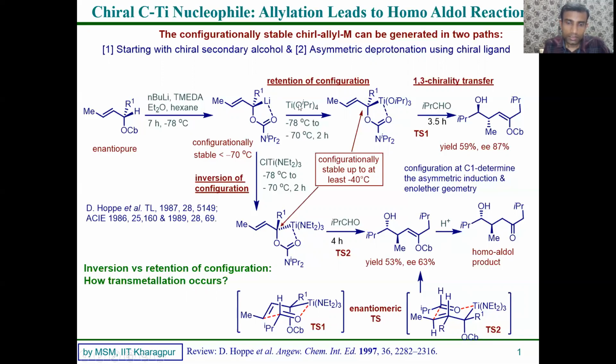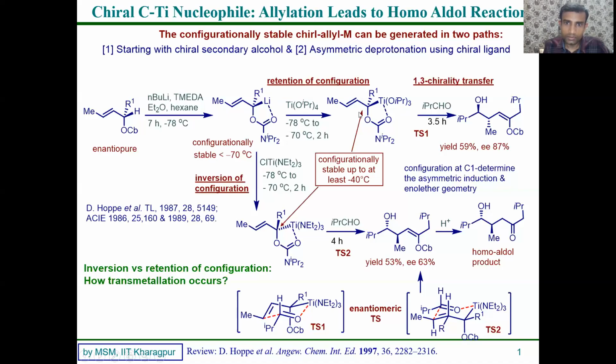First, as I discussed earlier, we can do the transmetallation. Actually titanium tetraisopropoxide is an electrophile here, so it will undergo transmetallation from the same face, from the same side of the carbon-lithium bond. So lithium will simply be replaced with titanium without any inversion. So retention of configuration takes place here, because this lithium coordinates with the oxygen of the titanium tetraisopropoxide, as I discussed in my previous video.